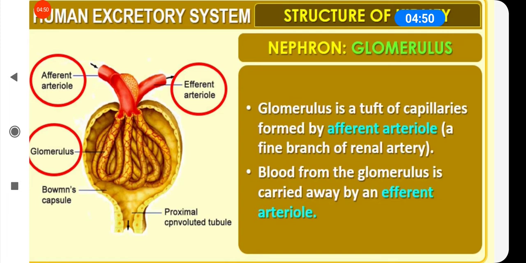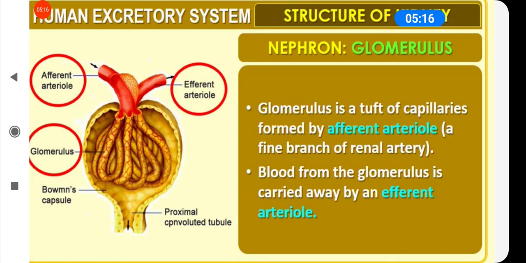You can see here, this is a glomerulus, Bowman's capsule, and the artery which is entering the Bowman's capsule is called the afferent arteriole, and the one which is moving out is called the efferent arteriole. So the glomerulus is a tuft of capillaries formed by the afferent arteriole.